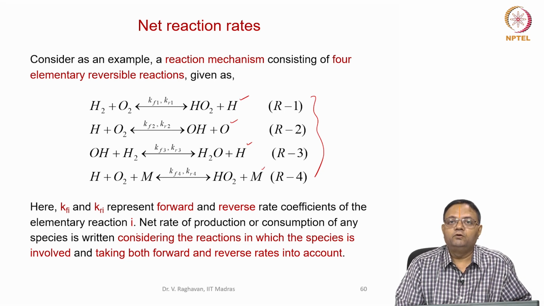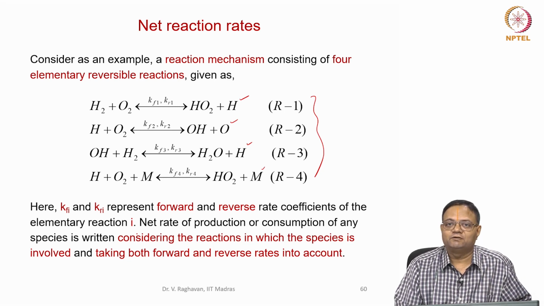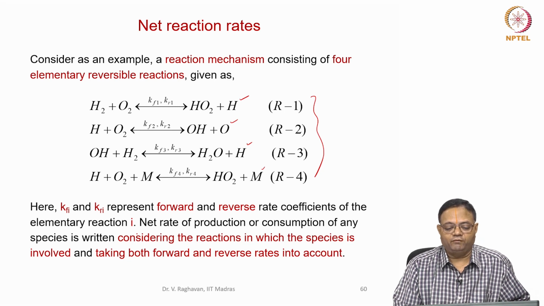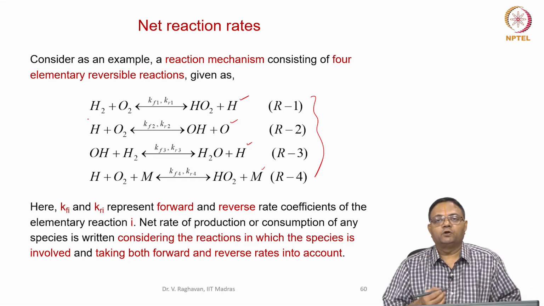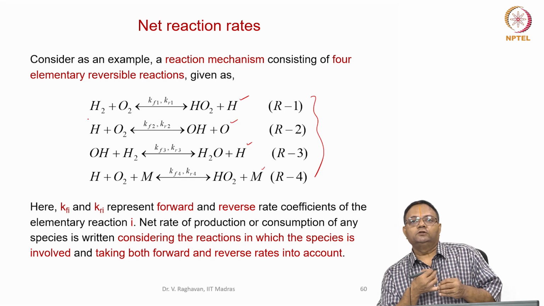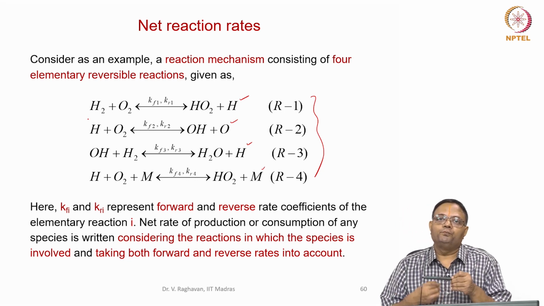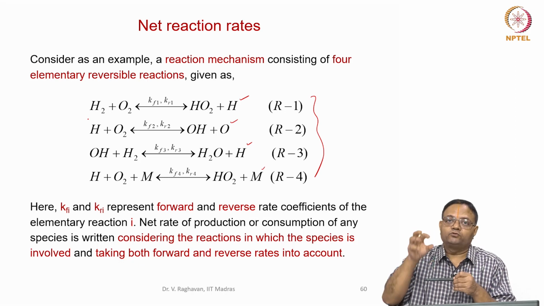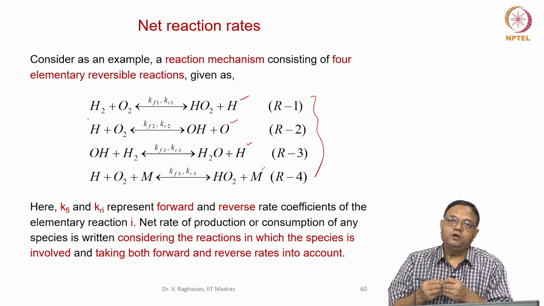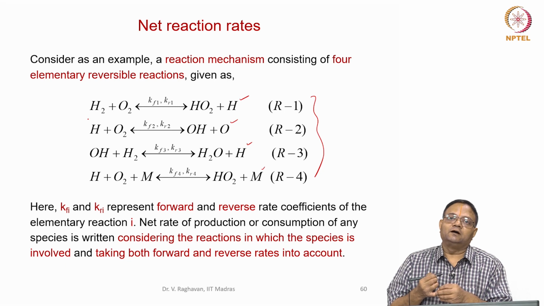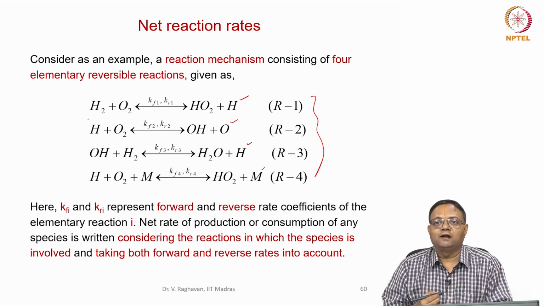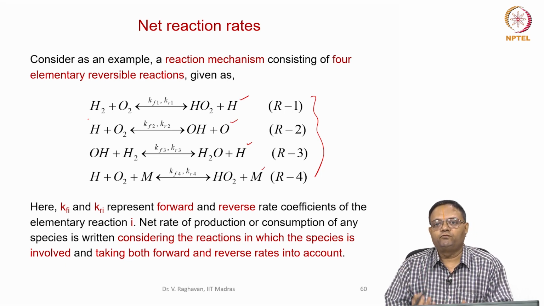See, for example, when you write a species conservation equation, for example, I want to write the conservation equation for H2, then there will be a term in that which is a volumetric source term, which will indicate the net rate at which this particular species is formed or consumed.